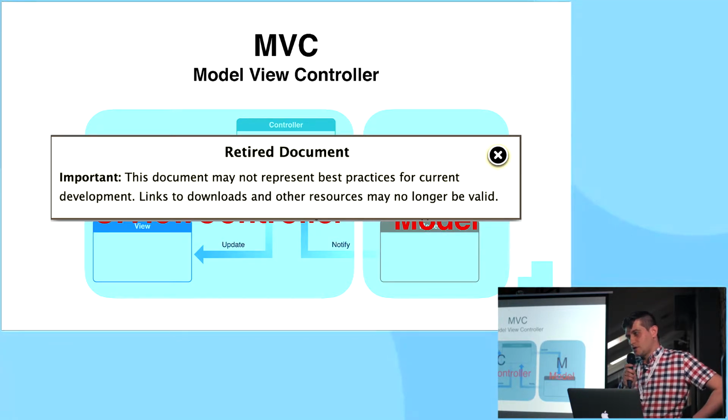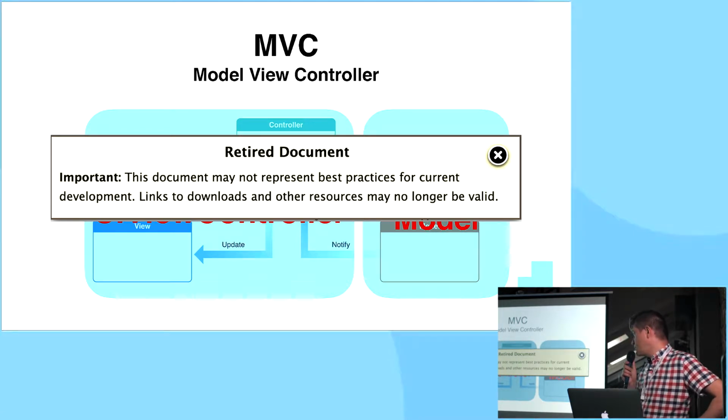So they take too many responsibilities in their body, and this makes them big, massive files, hard to test and maintain. Finally, Apple withdrew from this recommendation, and now you can read that this document may not represent the best practices for current development.